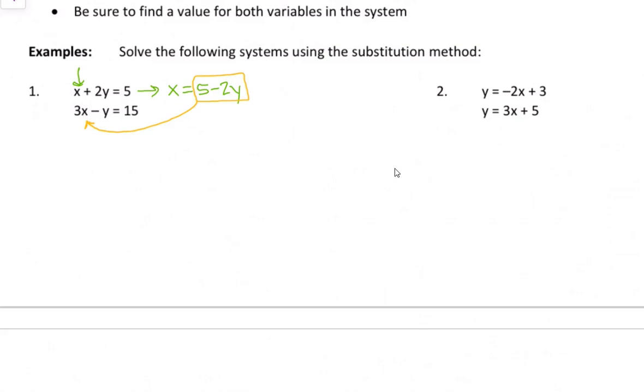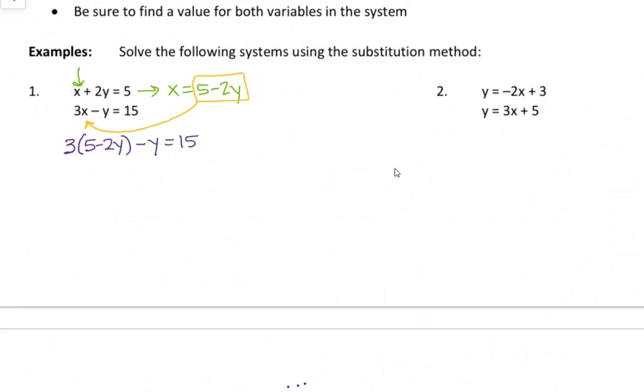So let's rewrite what that's going to look like then. So I have the 3 times x, but in place of the x, I'm going to put that algebraic expression 5 minus 2y. And you want to make sure you've got parentheses around that. And then I'm just going to finish the rest of the equation. So the rest of the equation is minus y equals 15.